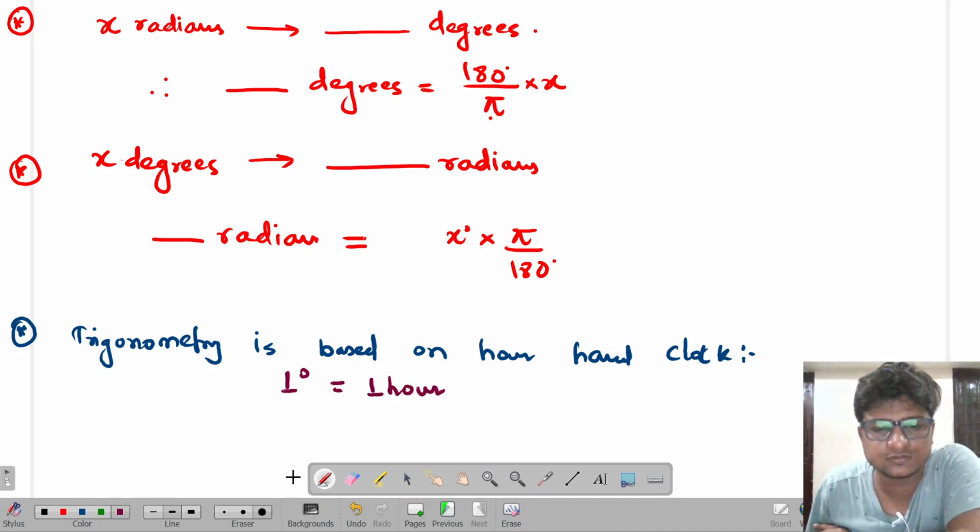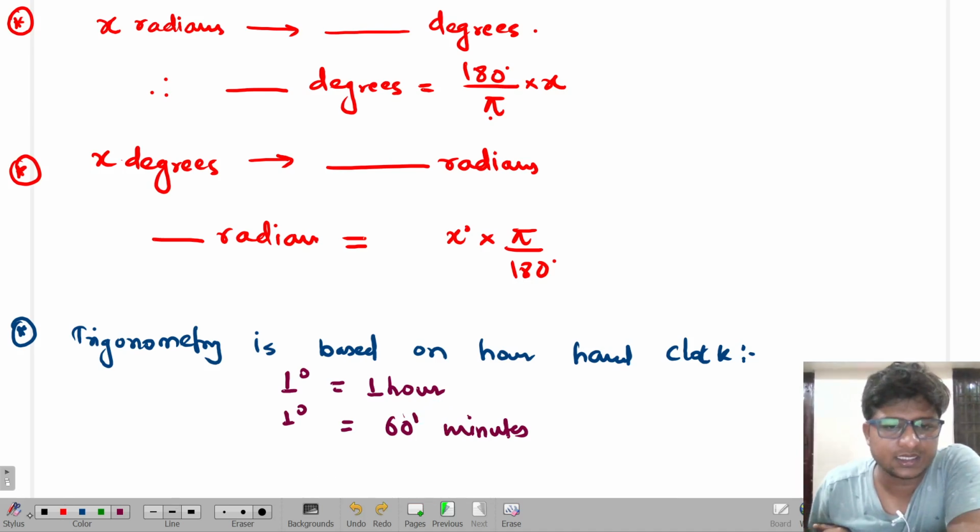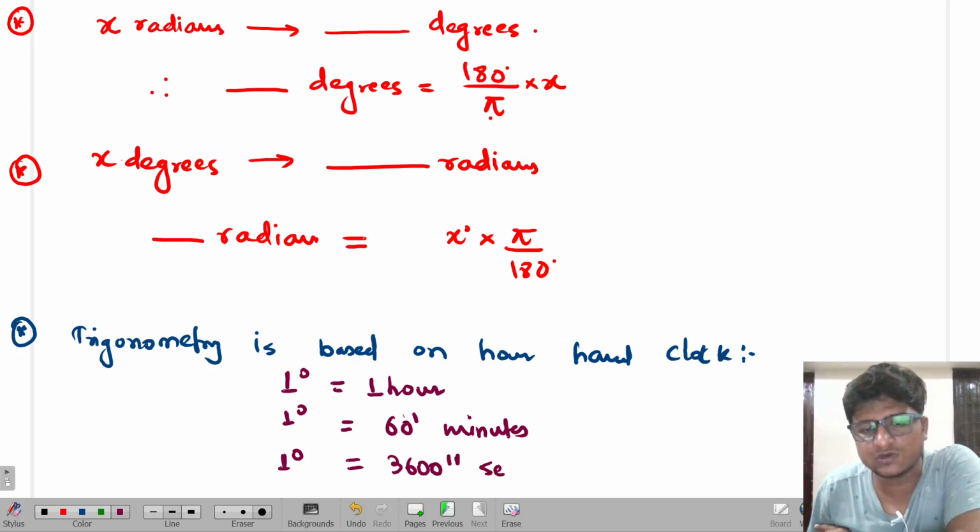So 1 degree will be represented as 60 minutes. If I use this sign, a single dash, that means I am writing in terms of minutes. Then this 1 degree is also equal to 3600 seconds in 1 hour. So double dash means seconds. Are you able to get me or not?